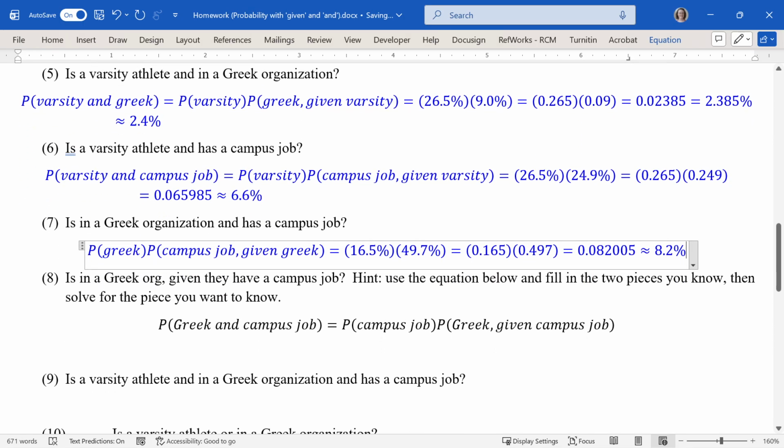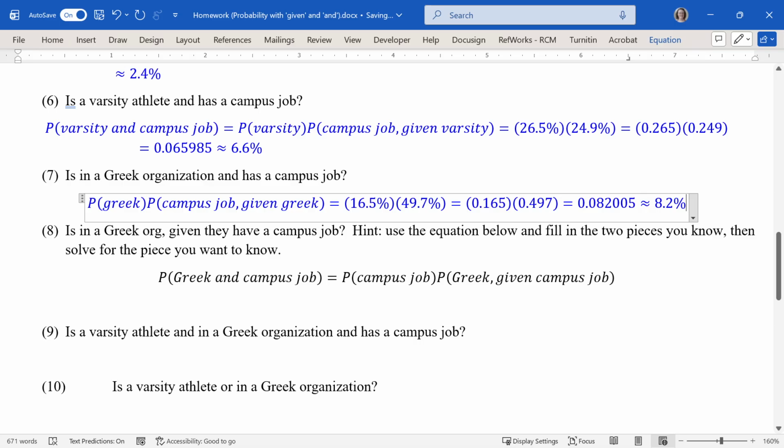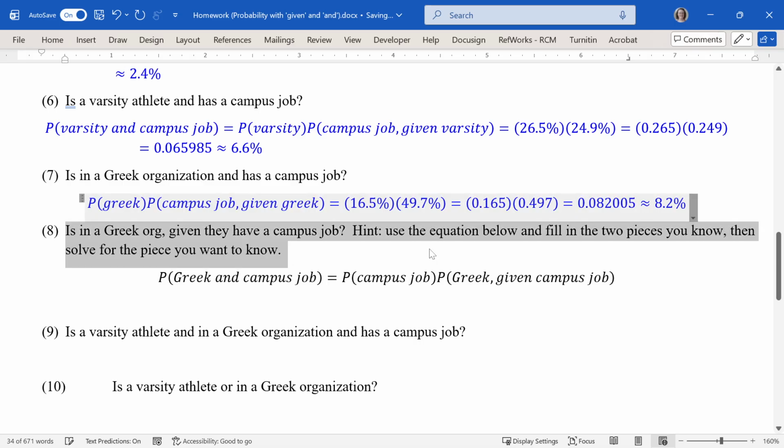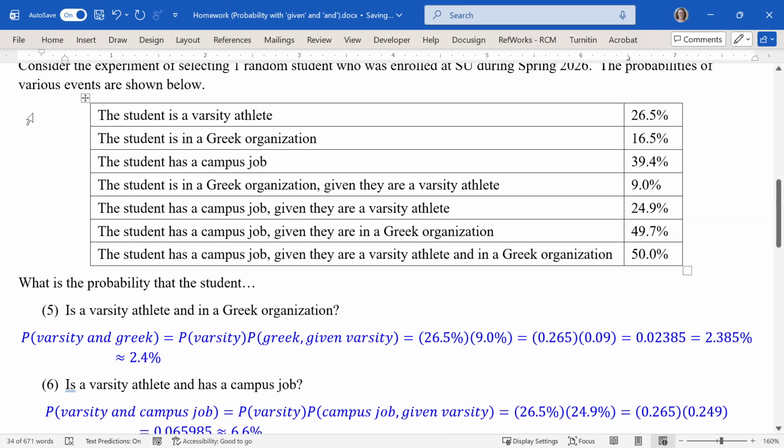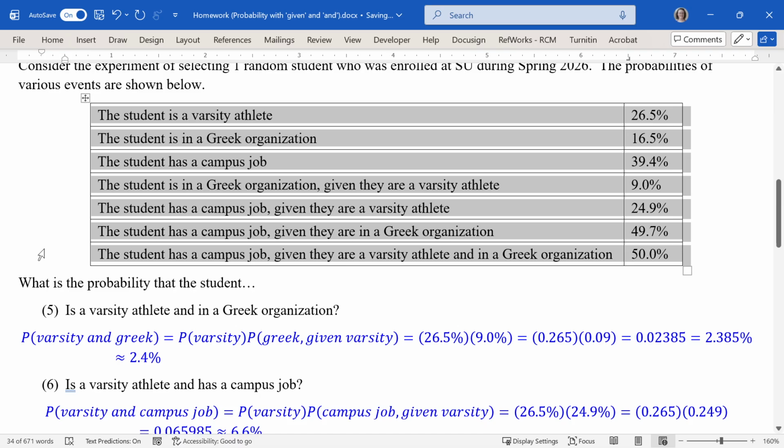Okay, now this one is a little bit different. Probability that the student is in a Greek org given they have a campus job. The hint here is to use the equation below, fill in the two pieces you know, and then solve for the piece you want to know. So this is not one of the pieces of information that's in the table.